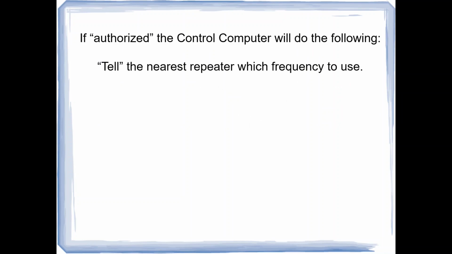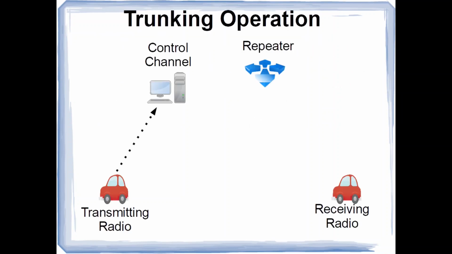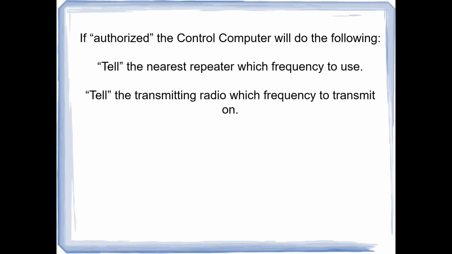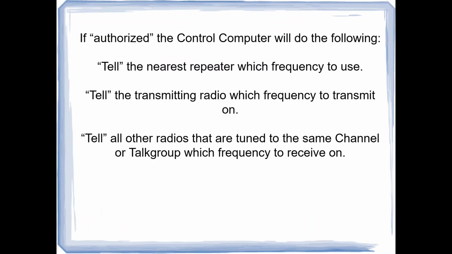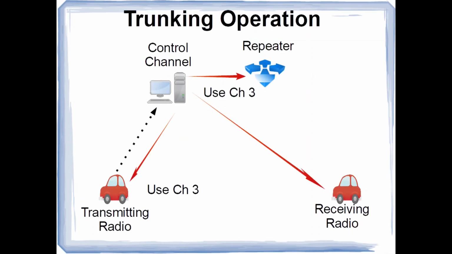It will tell the nearest repeater which frequency to use. It will also tell your radio which frequency to transmit on. And finally, it will tell all other radios that are tuned to that same channel which frequency to receive on.